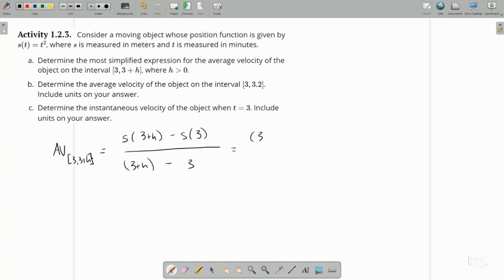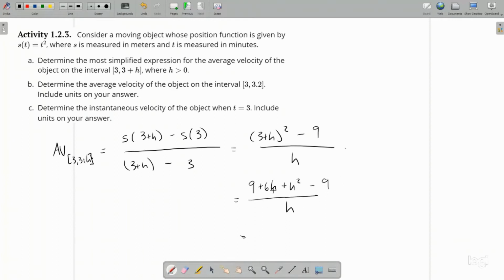So here we go. 3 plus h squared, because our function is t squared, minus 3 squared, which is 9, over, well, let's just simplify this. 3 plus h minus 3, the 3's cancel out, you're left with an h. Let's move this below. 3 plus h squared is 9 plus 6h plus h squared, minus 9, over h.